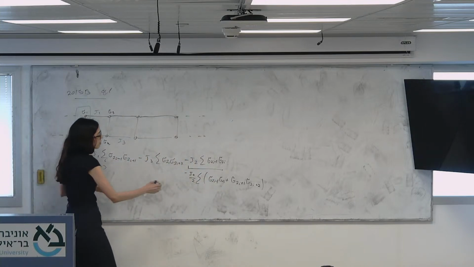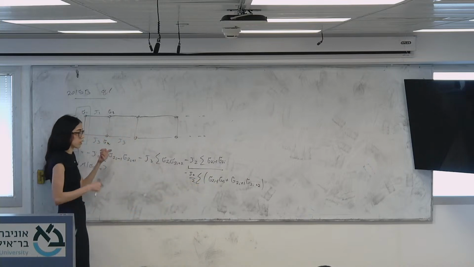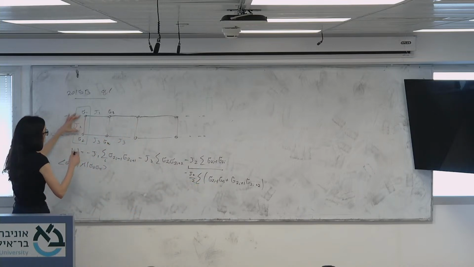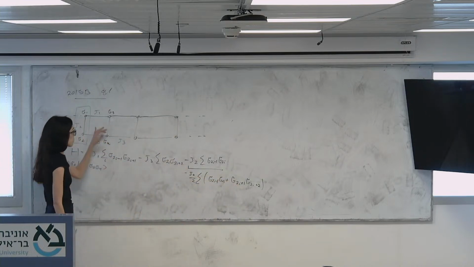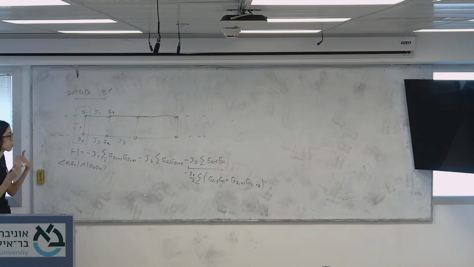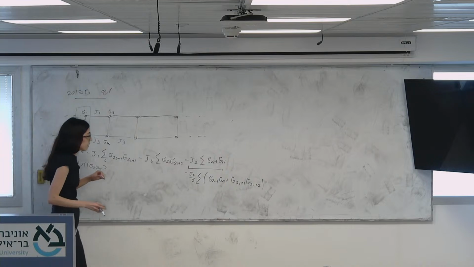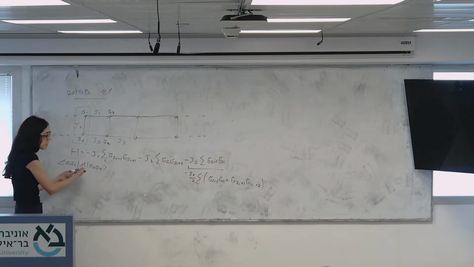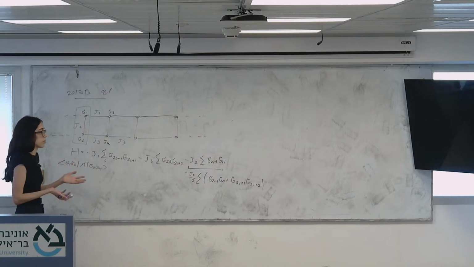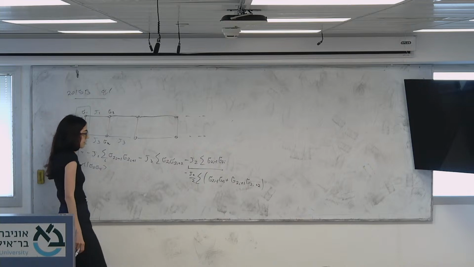You see that this one, for example, corresponds to sigma 1 sigma 2, so it's an interaction within the unit cell, inside the block that I defined. Same for this one. So this is like an inner interaction. You can think about it as a magnetic field from a mathematical point of view, or you can just see that I want to make it symmetric so I can write the matrix like that. Think about it however helps you understand it.